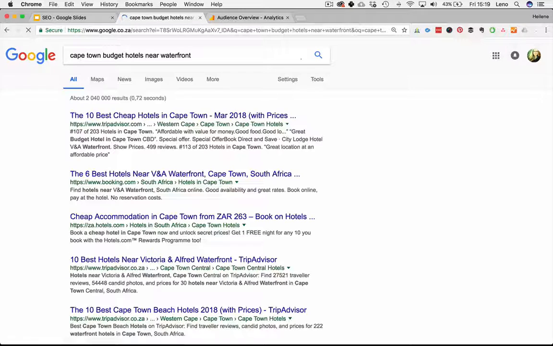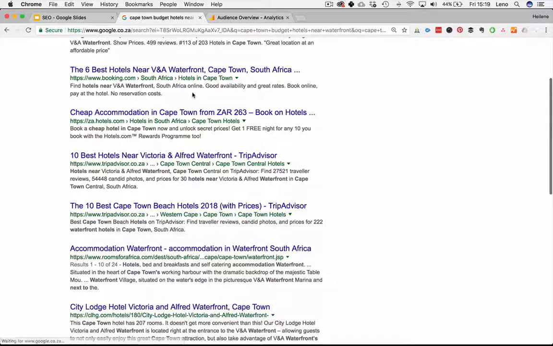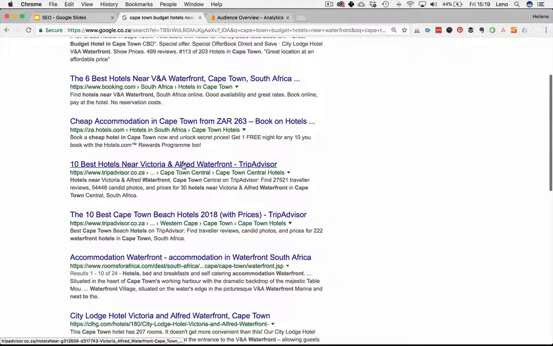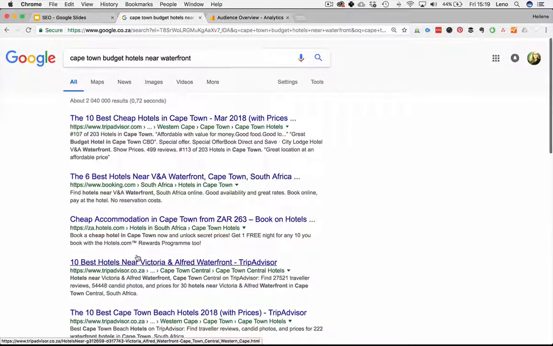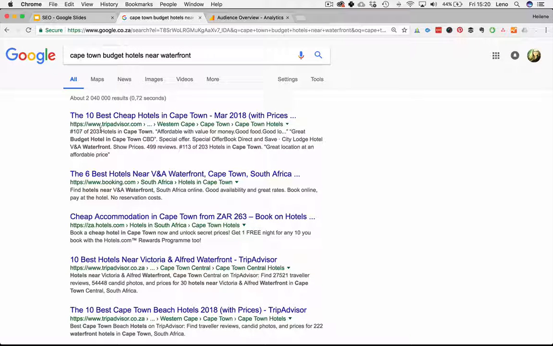This is a good long tail keyword, and you know that the person who is looking for this is going to spend money. Okay, so here you have searches. Best hotels near V&A waterfront, accommodation at the waterfront, 10 best cheap hotels, these guys are cheating, and 6 best hotels near the waterfront. So great stuff.